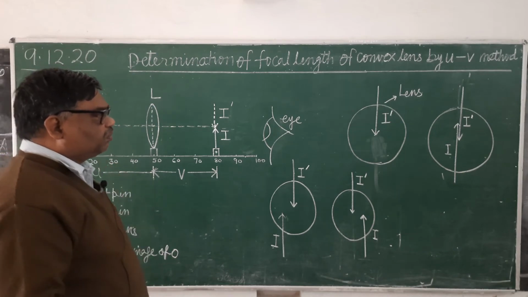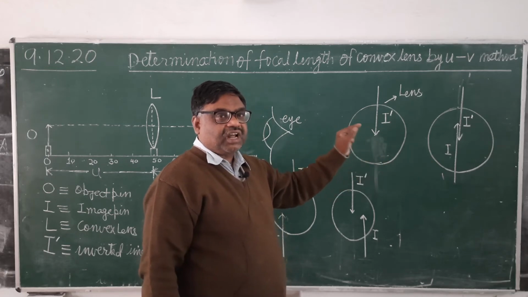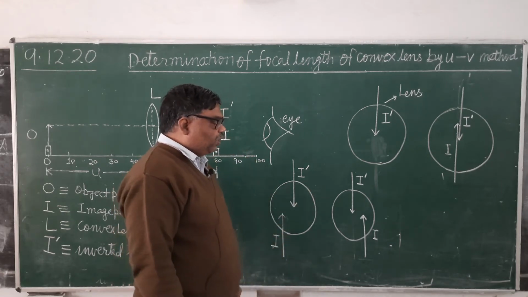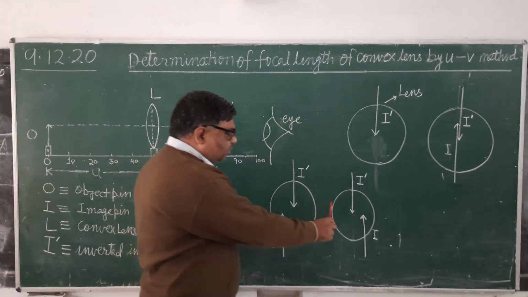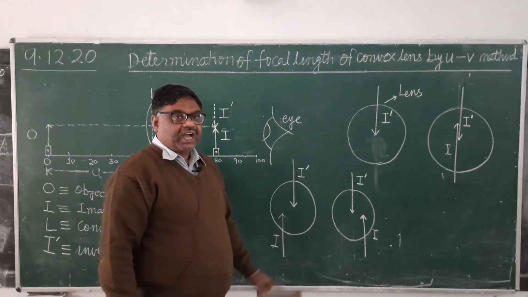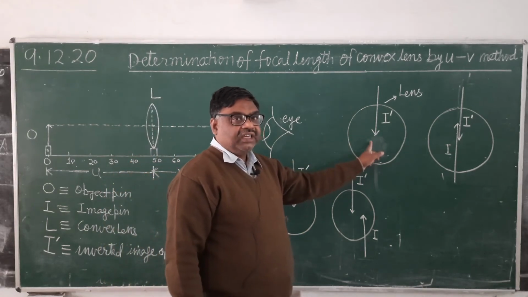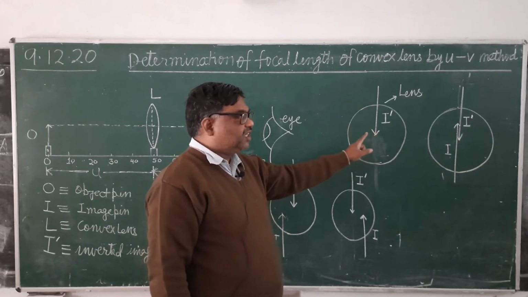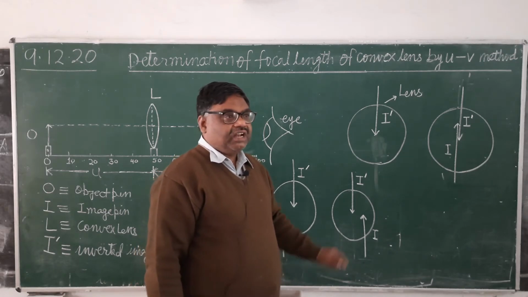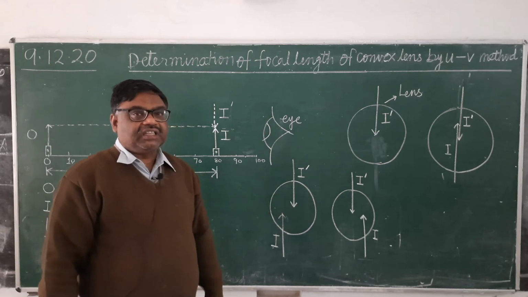With respect to this position, you will focus your eyes in such a way that the inverted image remains at the center of the lens. Then you will find the position of the image pin. You will find either the image pin is on this side or on that side. Means I and I dash are not in one line when we focus the eyes this way so that the inverted image is seen at the center. It's clear. Then we will find that this image pin I and the inverted image I dash are not in the same line.